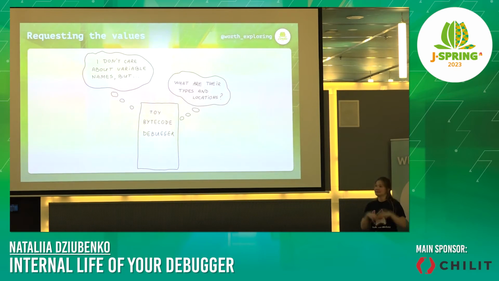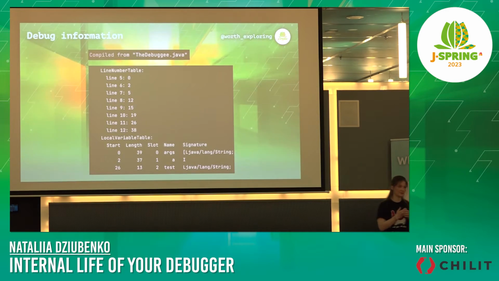When you hit the breakpoint, you would like to actually see the values of some variables, right? But it's not so easy. There is a thing called debug information, and it consists of three things. This is part of the bytecode, right? It's inside of your bytecode, in specific sections.